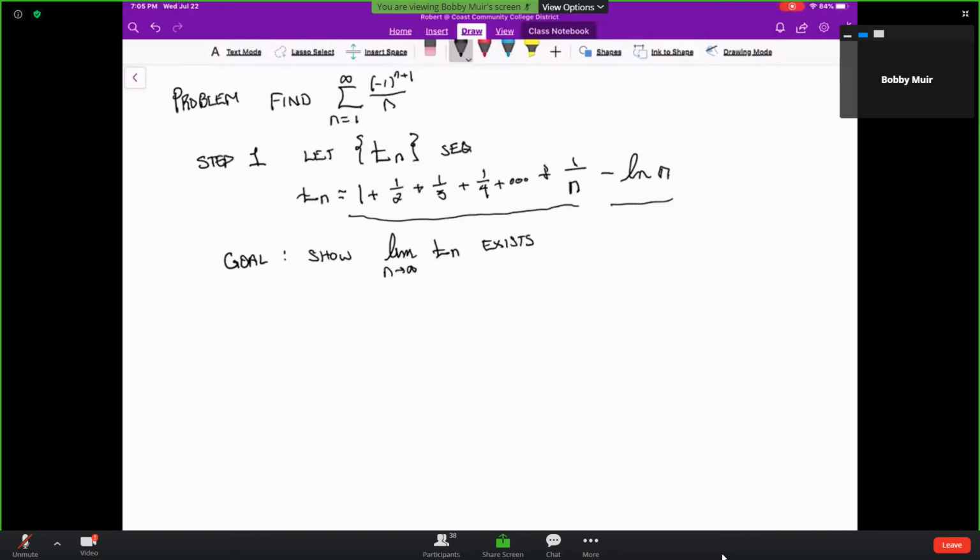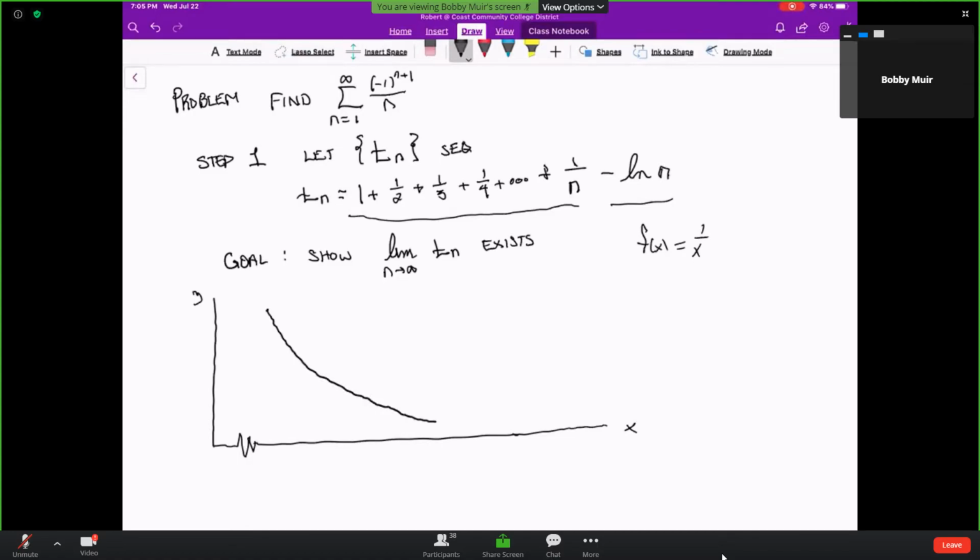So I'm going to draw a picture here. I'm out here on the x-axis, and we've gone way out, and the y-axis. I'm going to let f of x be 1 over x, and it's going to come down. We know this guy does this kind of thing.